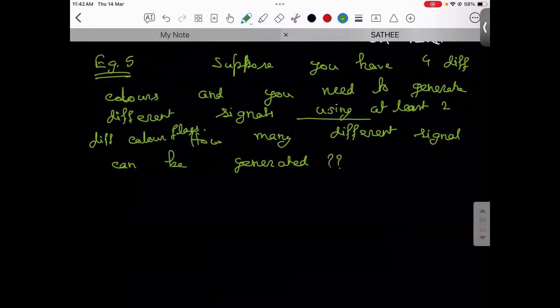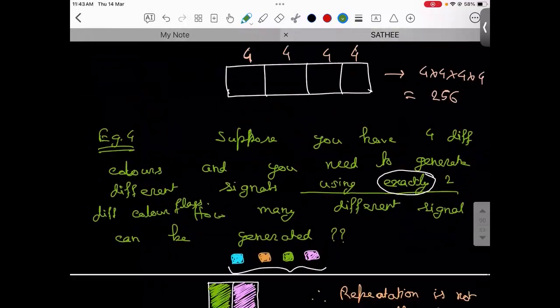So let us replace it by 5. That will be much better. You can relate with your book. Then it will be very easy to understand. This color means flags. You can say color flags.